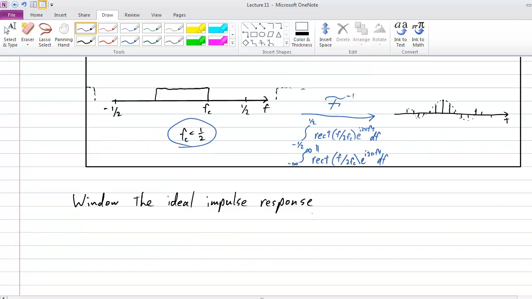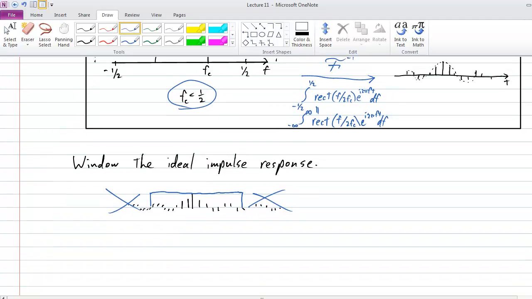So what that means is we take our ideal one, which was like this, and we just take a certain window of it and we ignore the rest. We say, well, it's small enough outside there that it's not going to affect too much if we get rid of it. So now we have something finite.